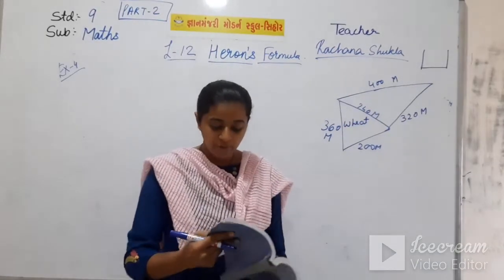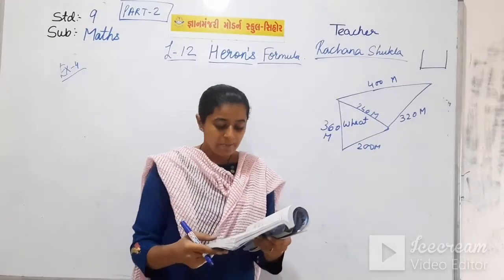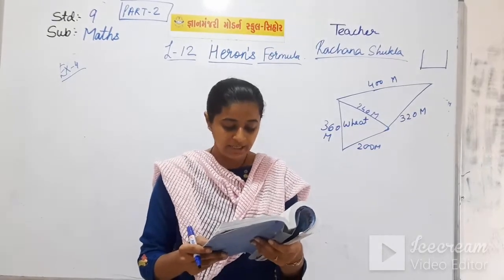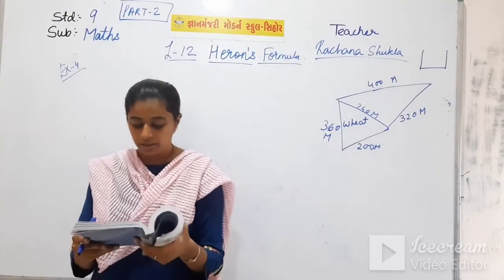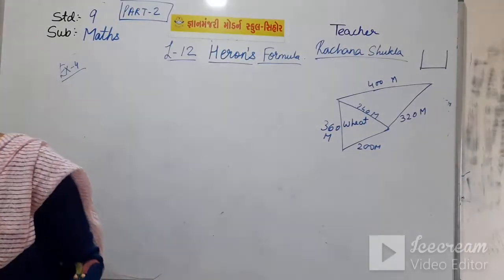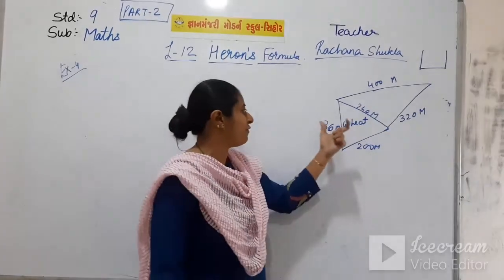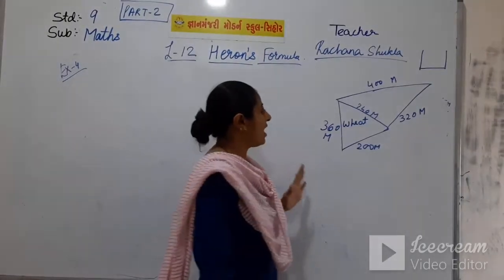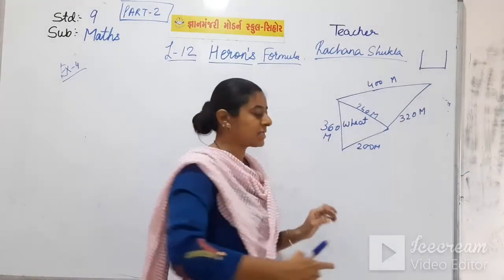So again, what she does, she divided the field into two parts by joining the midpoint of the longest side to the opposite vertex and grew potatoes in one part and onions in the other part. So you have to find out how much area is used for growing wheat, potatoes and onions. Now she divided the plot exactly in two parts.